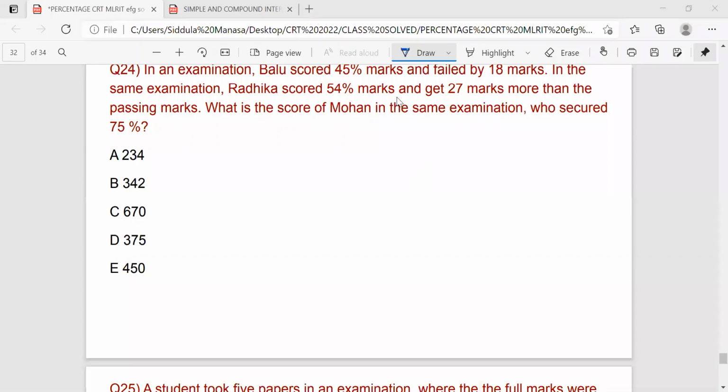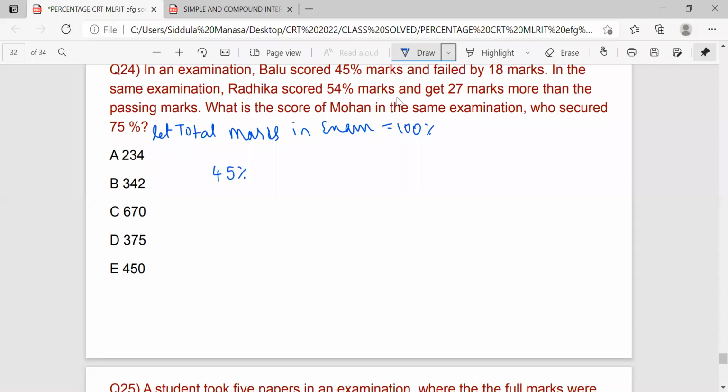right. So in an examination, Balu scored 45% of the marks. In that examination, what is the maximum marks which is not mentioned? So what I will do, let total marks in examination be 100%. So Balu scored 45%, means out of the 100%, 45% means what? 45% of the marks, but he failed by 18 marks.